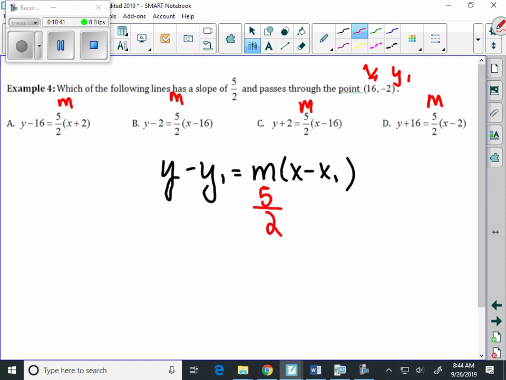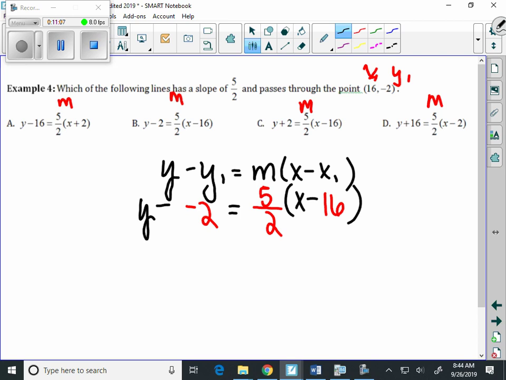But when we put in the 16 over here, and that's not in the right place, put it in the right place. 16 is the x1, and -2 is the y1. And then we can fix this up. y minus y1 equals m times x minus 16.